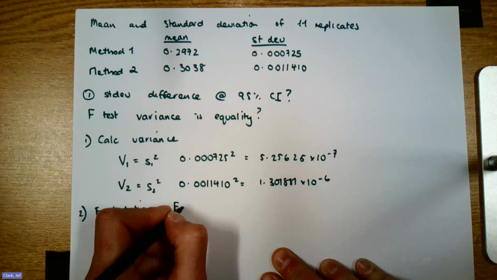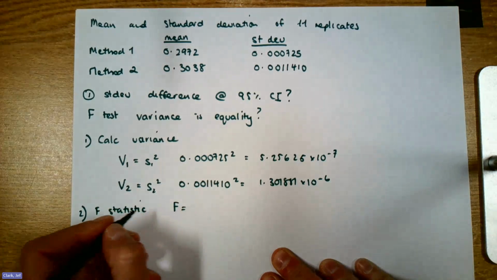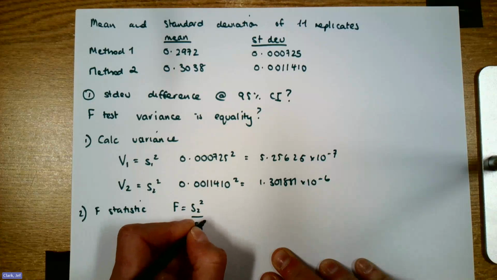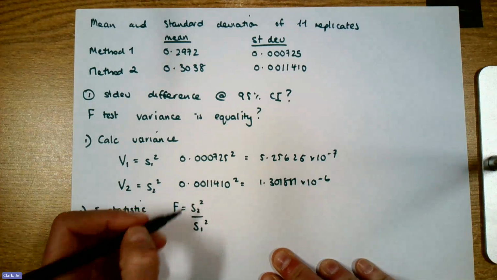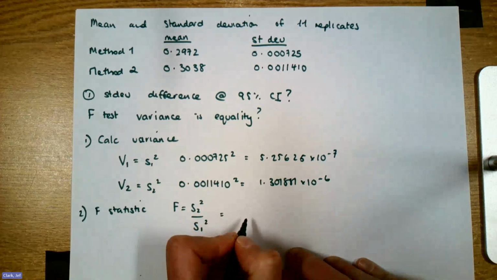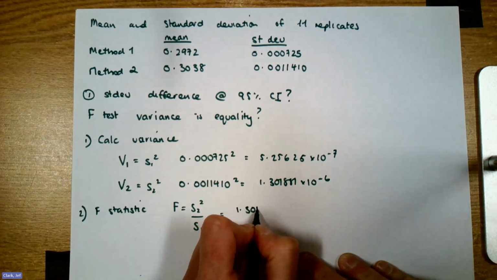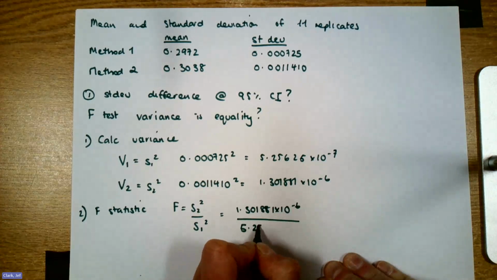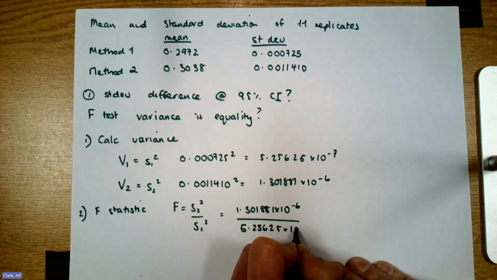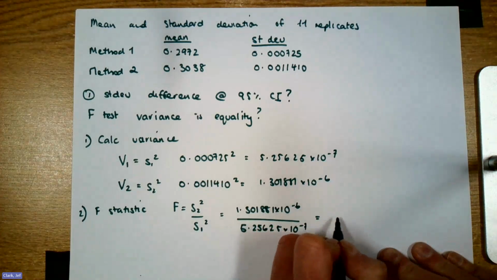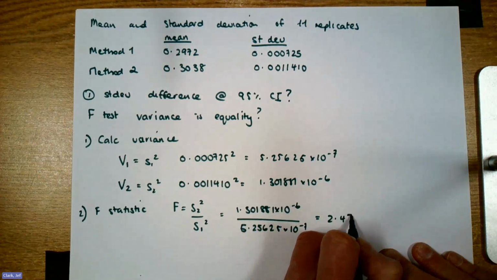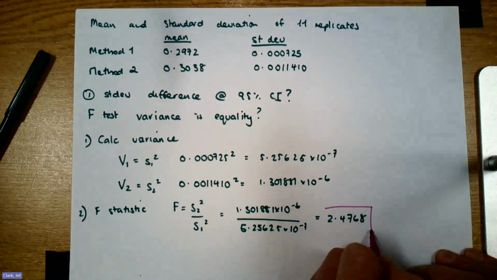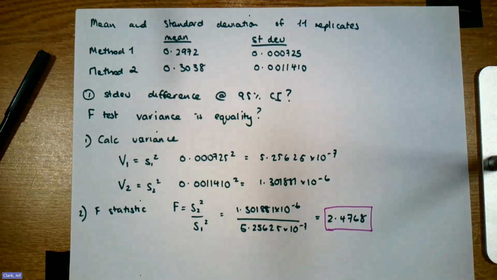So F equals S2 squared divided by S1 squared. So dividing those two variances gives us 1.3018. That's our F statistic. This is going to be important, so we're going to put a box around it so we can find it later.